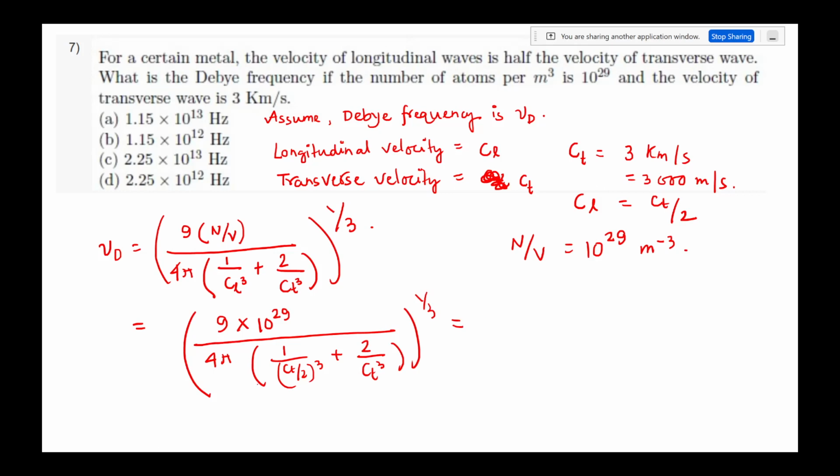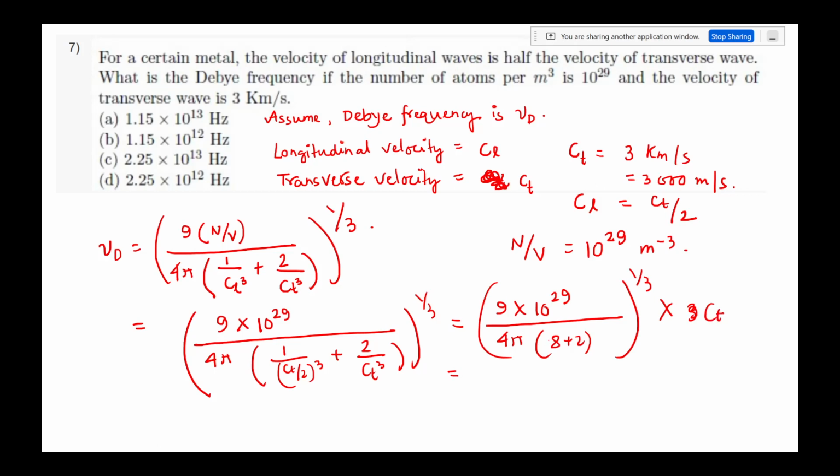So if you take 1 by CT cube common, then it will become 9 into 10 to the power 29 divided by 4 pi, this is 8, this is 8, so 8 plus 2 whole to the power 1 by 3, and this is CT.